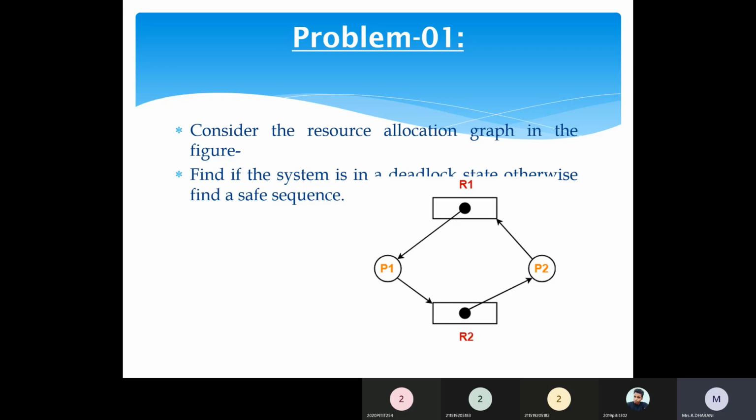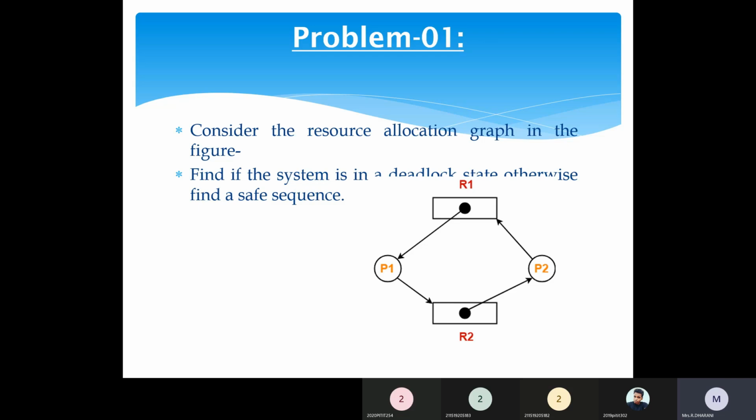P1 is assigned resource R1, and P1 is requesting resource R2, but the R2 instance is given to P2, but P2 is in need of R1. See, each resource has one instance and it forms a cycle. R1 is assigned to P1, but P1 is in need of R2. R2 is assigned to P2, but P2 is in need of R1. So the cycle formation is there, and no process will execute since each is requesting some other resource.